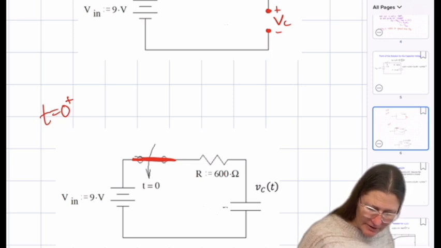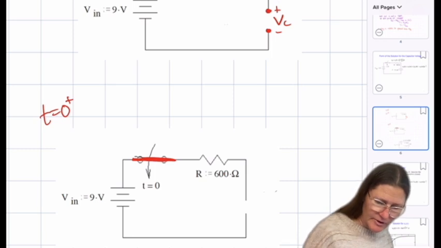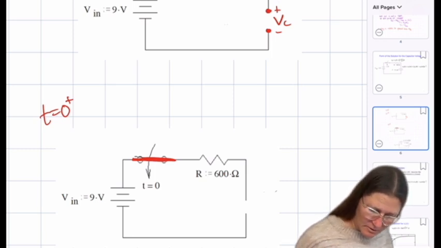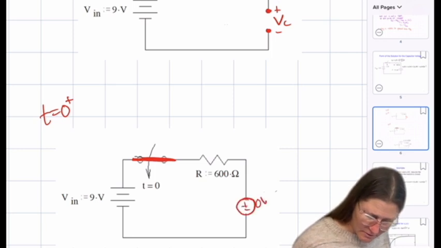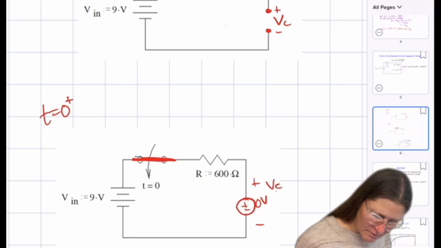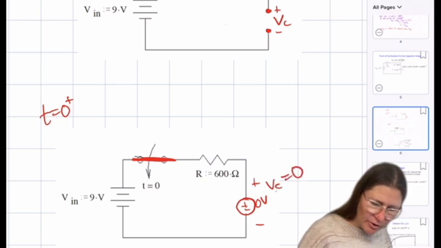And that's going to be the same value for VC of 0. So VC of 0 will be 0. So this is my initial value of VC of 0.